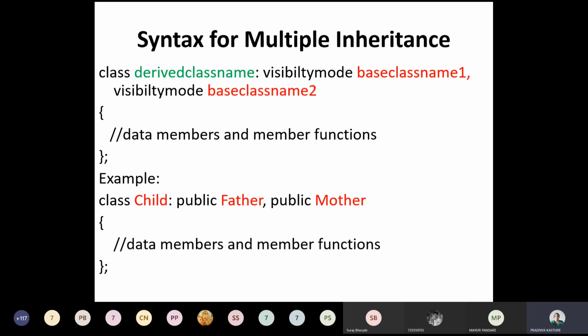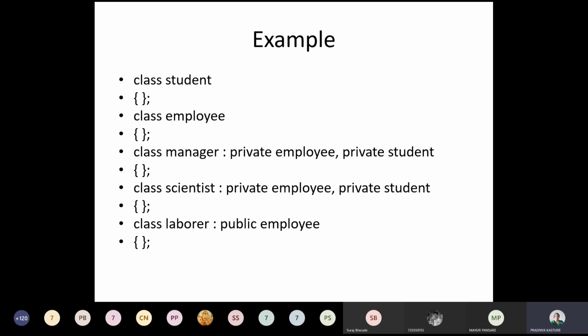Right now for this example we have only two base classes, the father base class and the mother base class. After that comes the opening brace and all the declarations for the data members and member functions of the child class. So you are inheriting the properties from the father class and mother class, along with the child class's own characteristics.